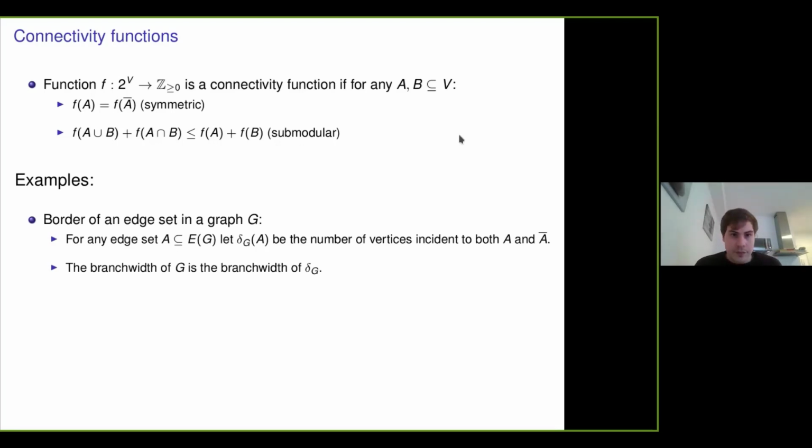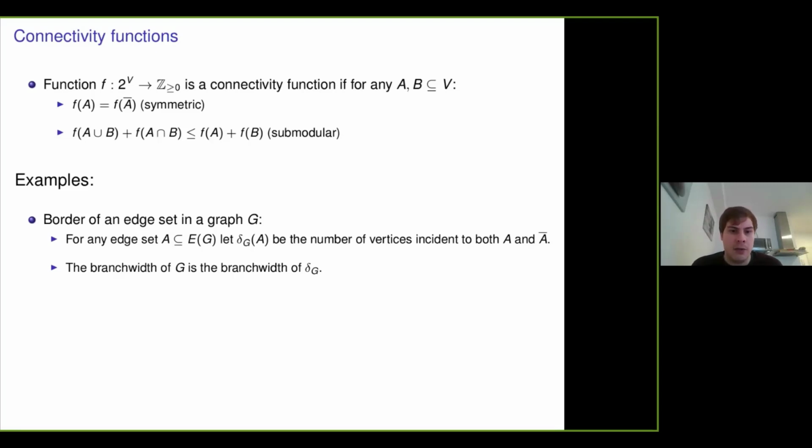And some examples of connectivity functions whose branchwidth we are interested in: the first example is the border of an edge set in a graph G. Let's say for any subset A of edges, let's define sigma of A as the number of vertices incident to both edges in A and edges in the complement of A. So we have some subgraph, and the value of this function is like the border of this subgraph with the other edges.